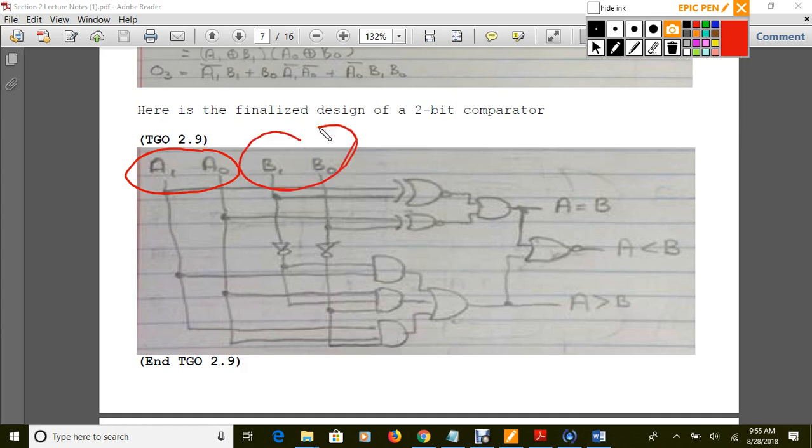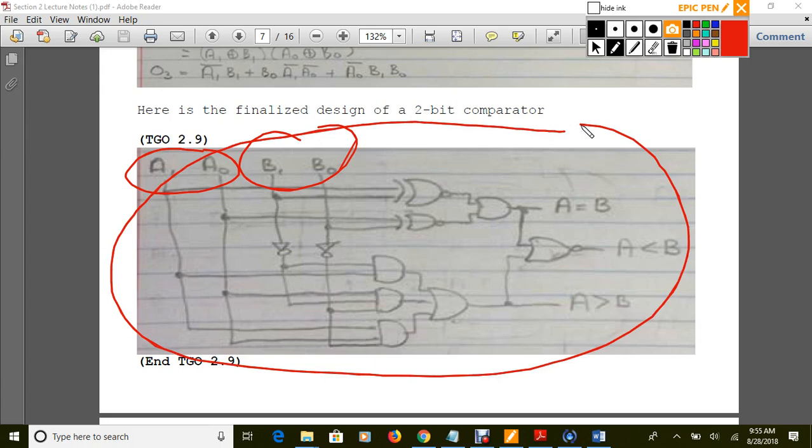And so you can do one of two things. You can either keep doing K-maps for 4 bits, 8 bits, 16 bits, or you can do ripple carry comparators. And so the trade-off is that if you were to do the ripple carry, it's going to have a little more area. This is the most efficient because we've done the K-map reductions and figured out the efficient circuit.